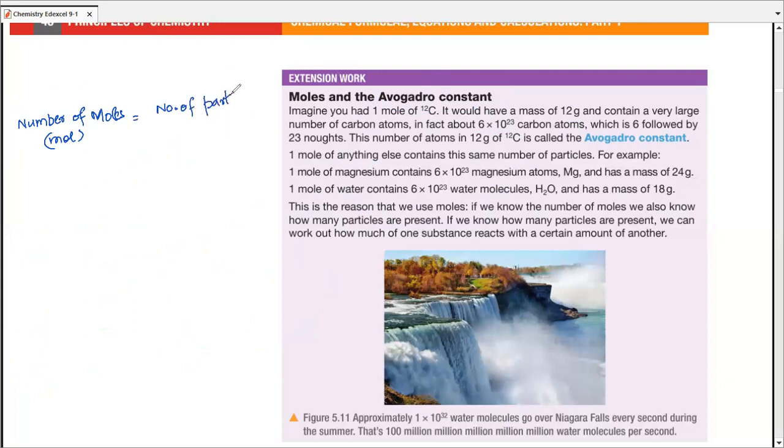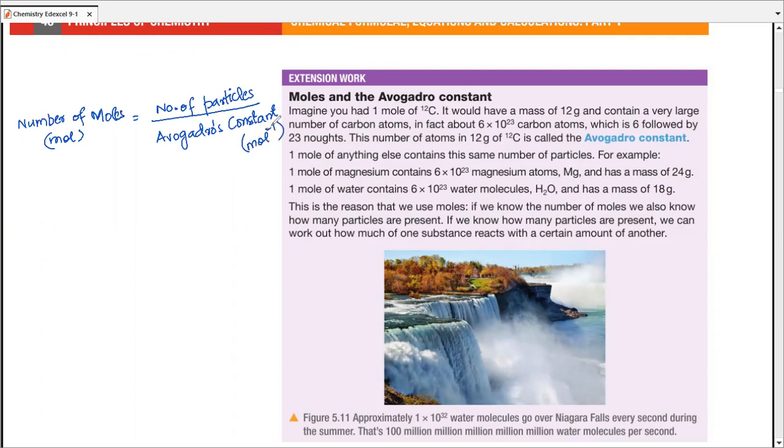And since this is a number, an exact count, this one does not have a unit. Divided by Avogadro's constant. And remember, Avogadro's constant has a unit of per mole.